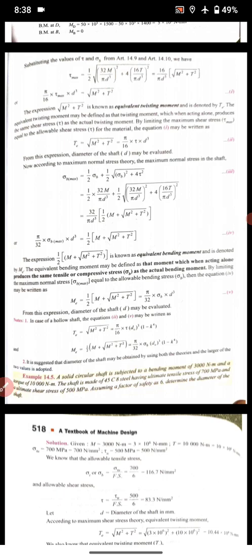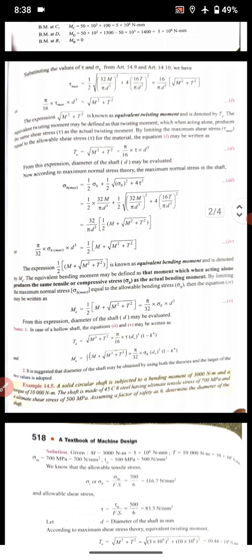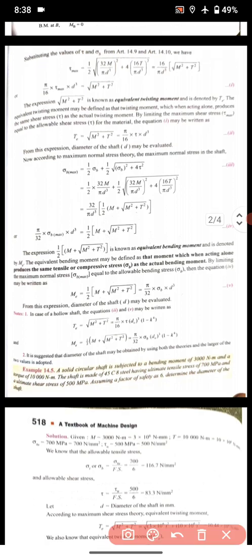Now sigma b maximum according to maximum normal stress theory, that is Rankine theory.